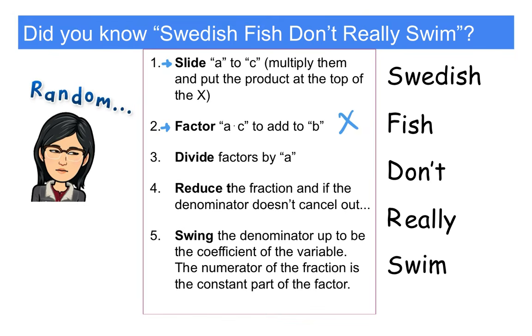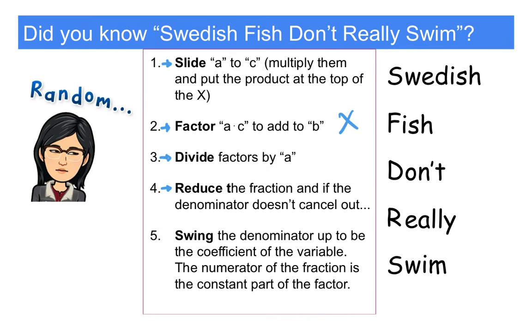Next, once we've found the factors for B, we're going to take those factors and actually do something interesting. We're going to divide them by A. In a minute, I'll show you an example that will make it a lot clearer. Next, we will have fractions for those factors that we found, since we're dividing by A, and we're going to reduce the fraction.